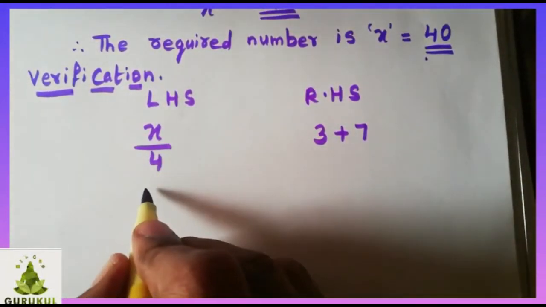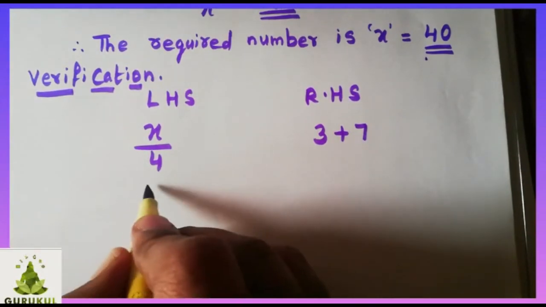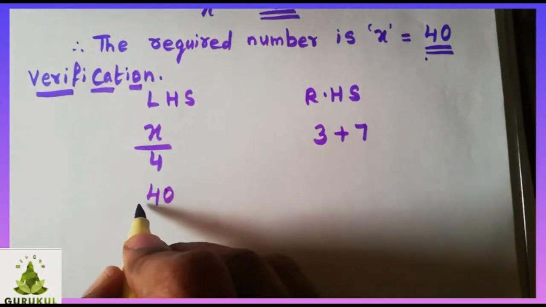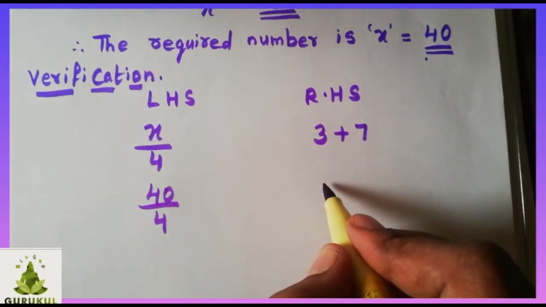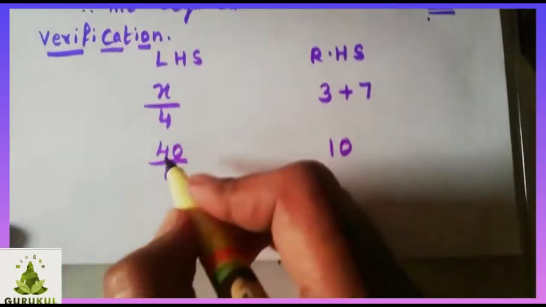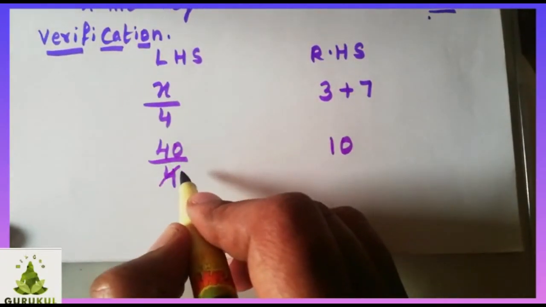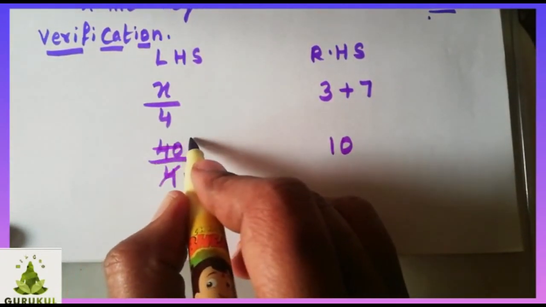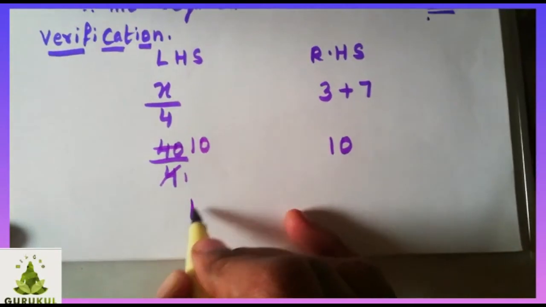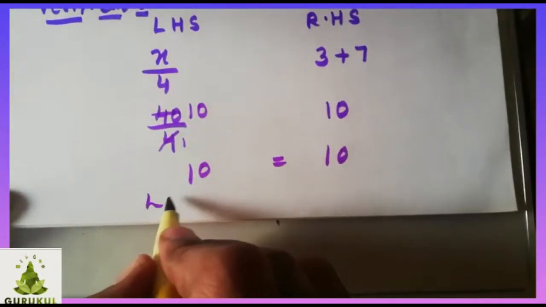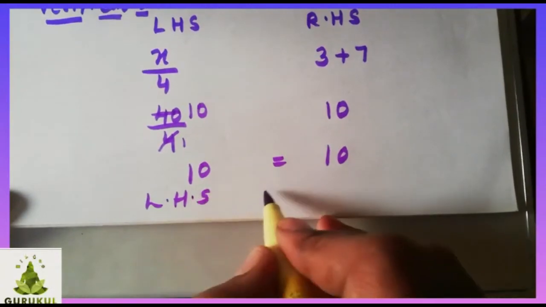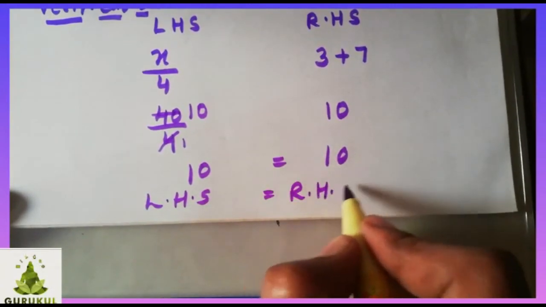Now x is 40, so let's substitute 40 here. 40 upon 4 is equals to 3 plus 7, which is 10. When you divide 40 by 4 you get 10, since 4 tens are 40. So 10 is equals to 10. This means LHS is equals to RHS. Is it clear?